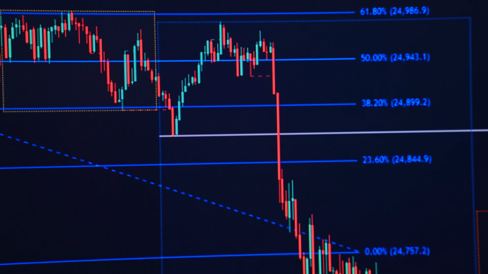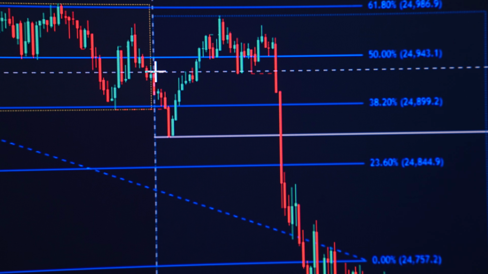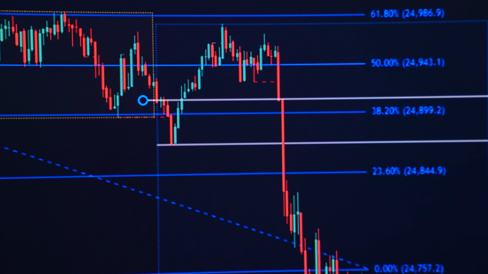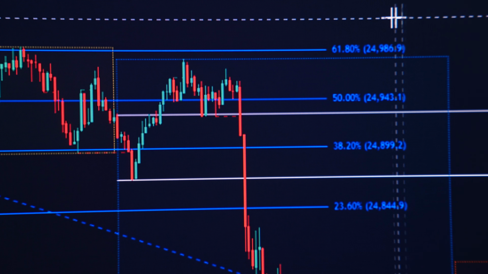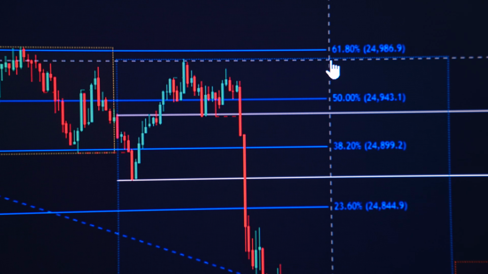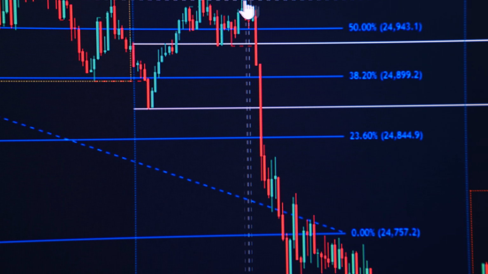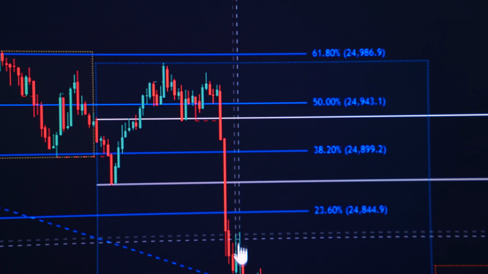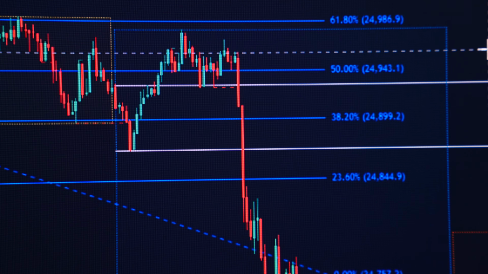This is going to be your high and your low there. And once you see price come into the 50% and the 61% level, then you know that price has a high chance of reversing. All right, we're in a downtrend.